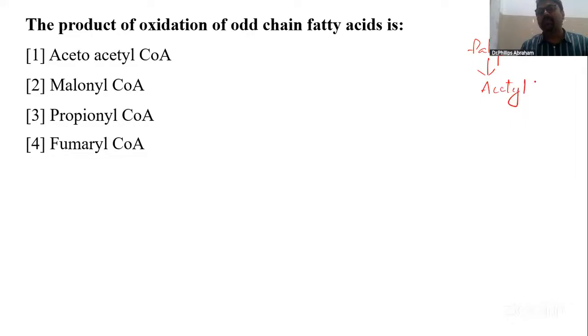That means 2 carbon atoms are removed as acetyl-CoA sequentially, one by one. If it is an 18 carbon chain, first it removes 2 as acetyl-CoA, then from 16 another 2, and it goes like that. That we call beta oxidation.